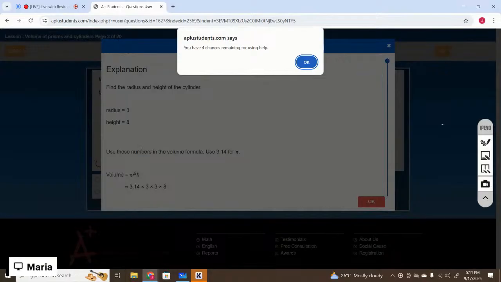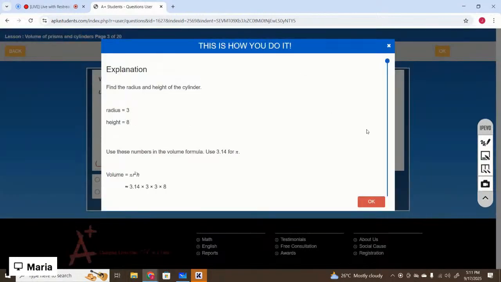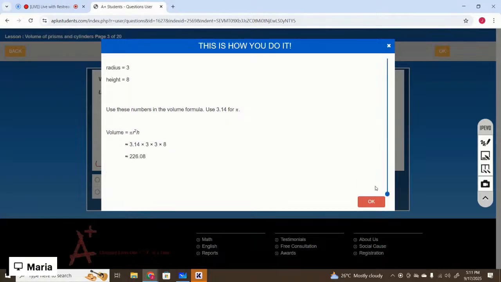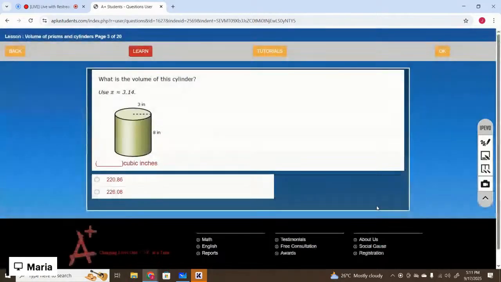Oh, that is volume, sorry. We need to calculate the volume of the cylinder. So volume, V equals pi r square h. We don't have to calculate area, we have to calculate the volume.